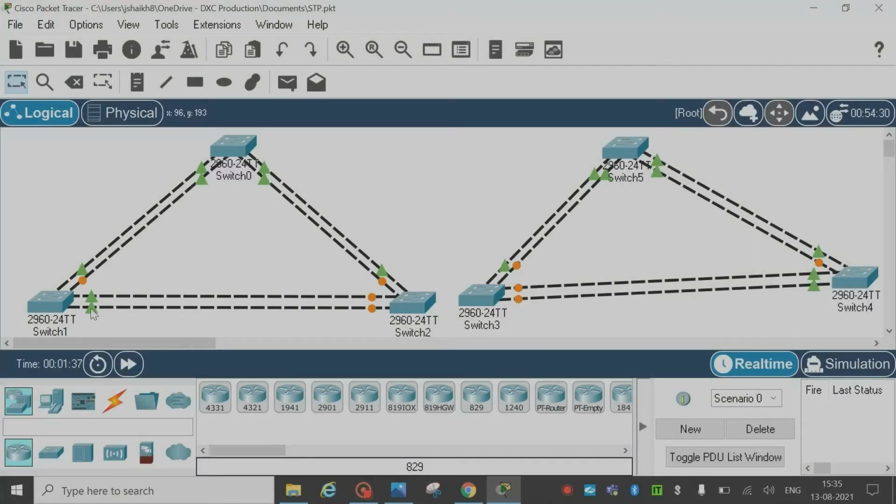Here, this one and this one are designated ports for this network segment. Other ports having the highest cost to reach the root switch are in blocking mode. So this one and these two are blocking ports.